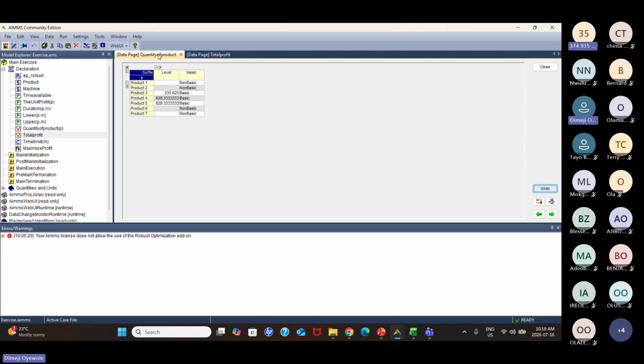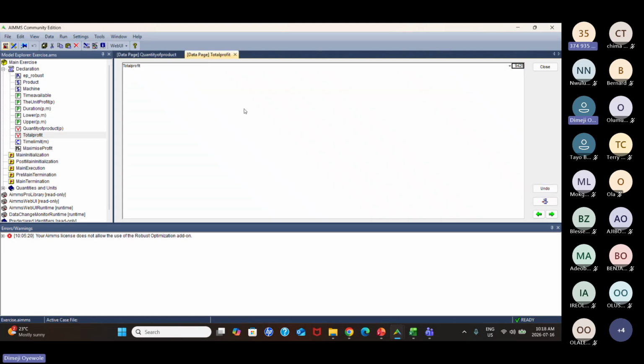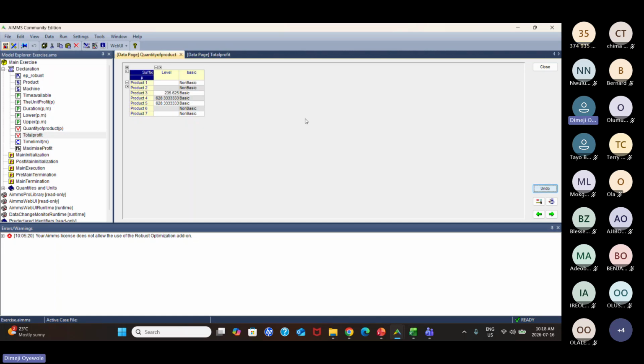So in AIMMS, to display your results, there are some other things that we have to do, which is going to take much of our time. But this is a display of the results, products 2 to 5, and then the total profits, which are the 2 variables that we have.